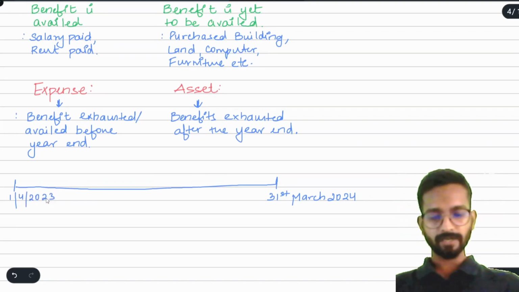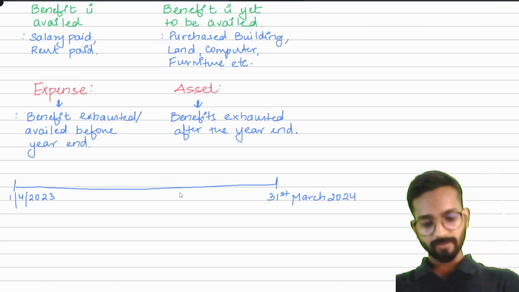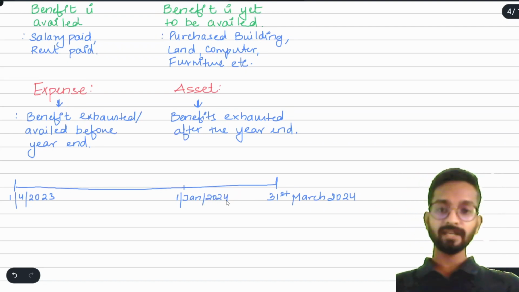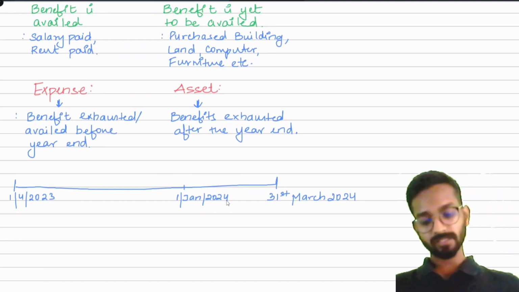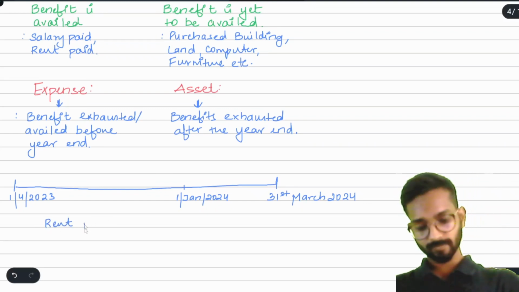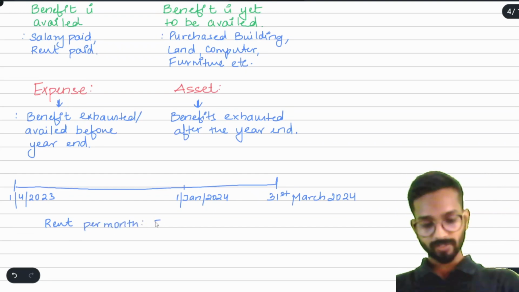This is our entire year. Now suppose when we were doing the business on 1st January 2024, I have made a payment for my rent. Say rent per month was 5,000 rupees.